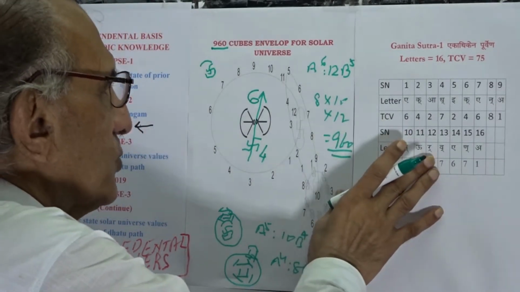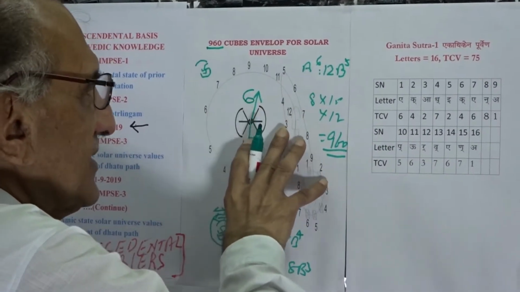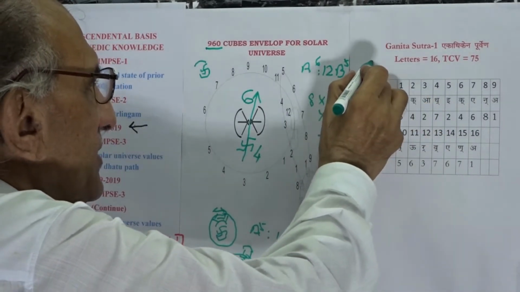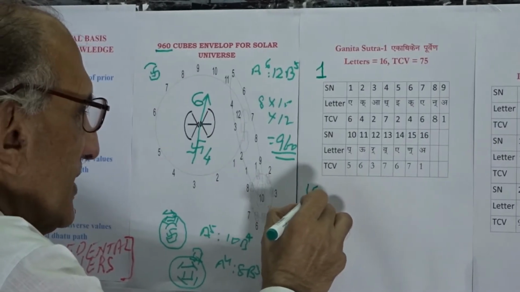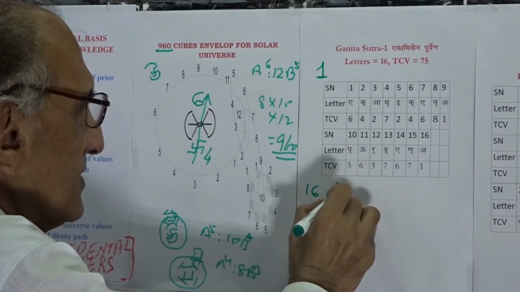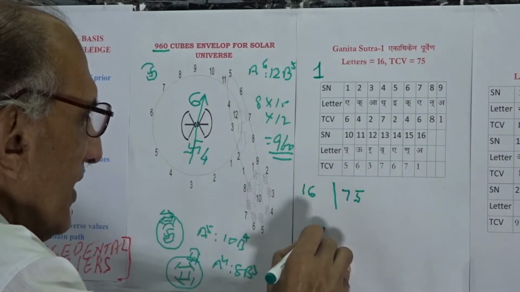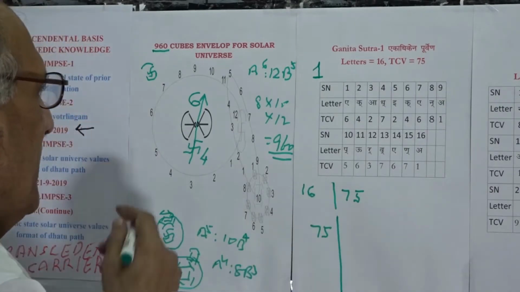We have to proceed for this coverage in terms of Ganita Sutras, beginning with Ganita Sutra 1, which is of 16 letters setup and is of 75 as TC value. Value 75 we know is the 9th transcendental carrier.